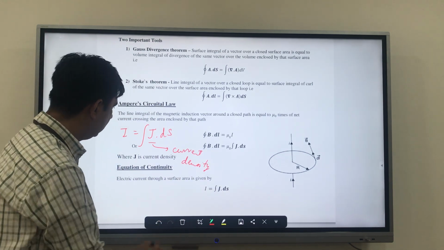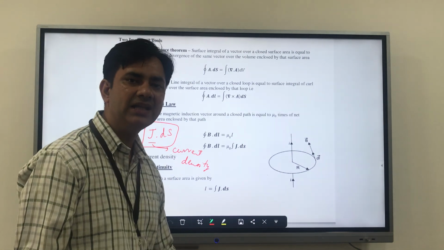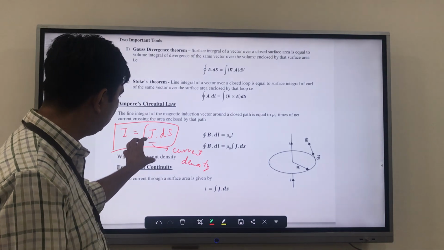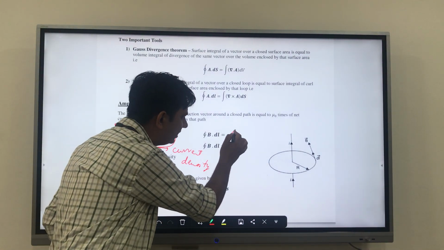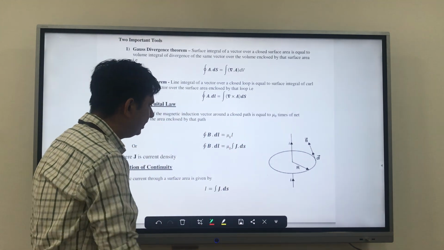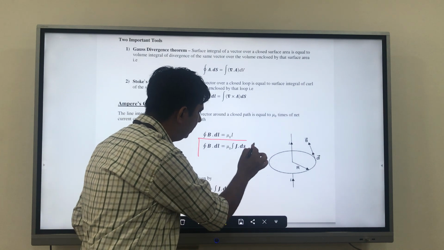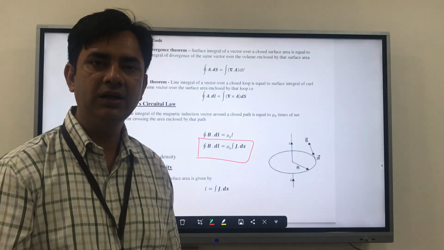So current can be written like this: I is equal to the integral of J dot ds, and in place of this I we can use J dot ds. So we get the complete value as the closed integral of B dot dl is equal to mu naught times the integration of J dot ds.